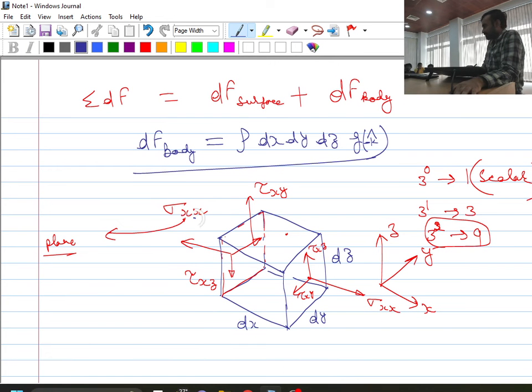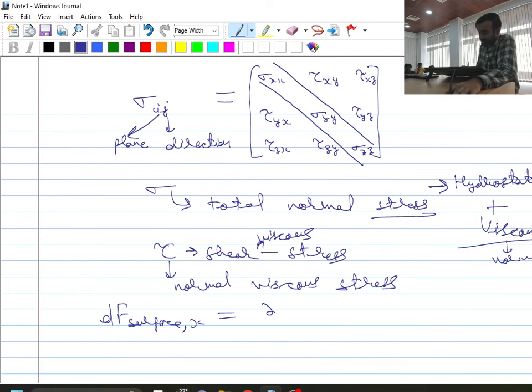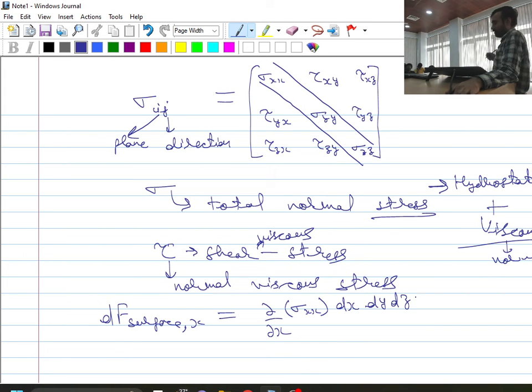If on this side it is sigma xx, on this side it will become sigma xx plus del by del x of sigma xx into dx, if there is some differential change. So the net normal stress force in the x direction is del by del x of sigma xx into dx into area. What is the area? dy dz. This is the one force.